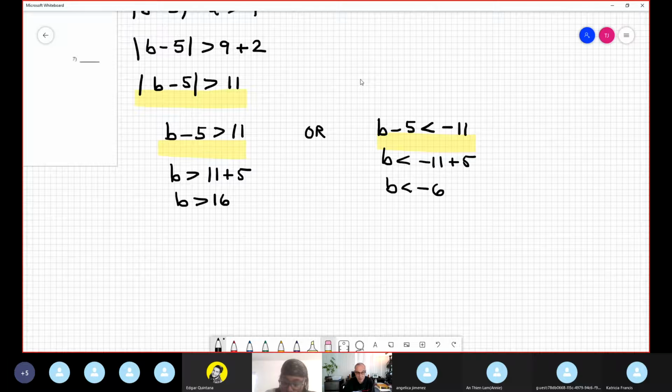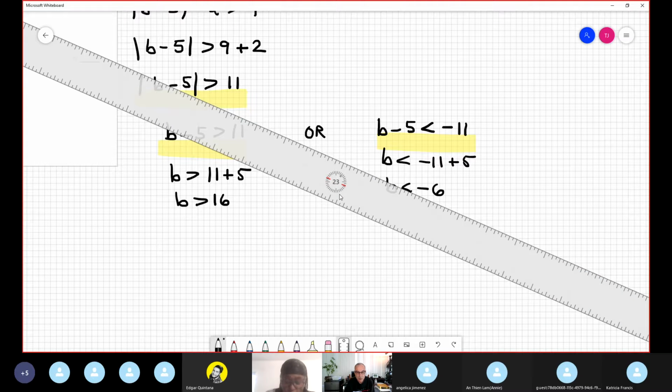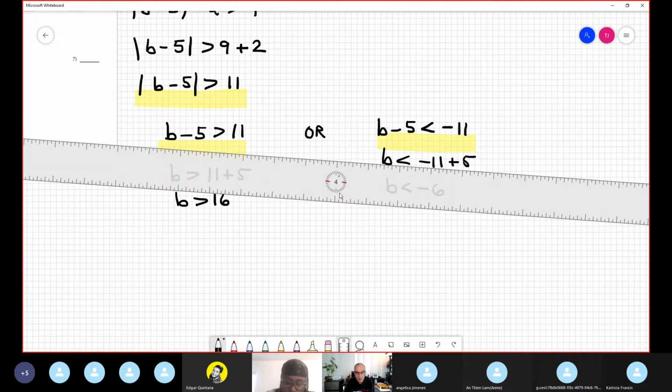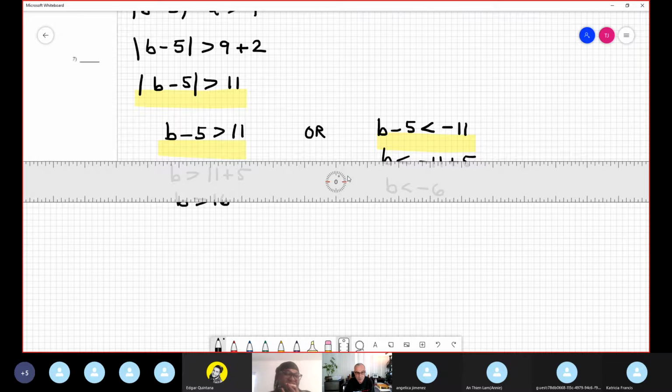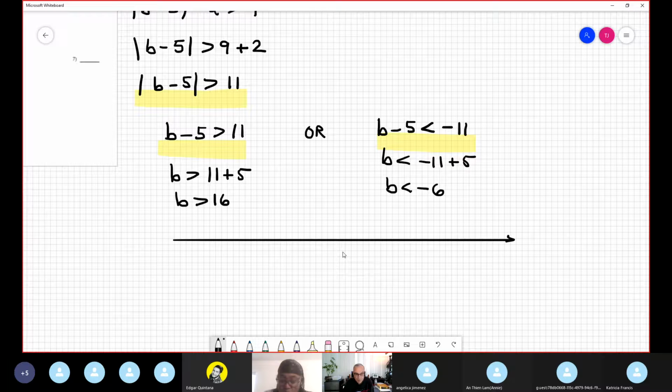Super. Now let's move on to the real number line. To visualize this, remember this is a compound inequality connected by OR, which is union. This is my real number line, with negative infinity and positive infinity. Suppose hypothetically that this is 16, and negative 6 here, and 0 is approximately in the middle.